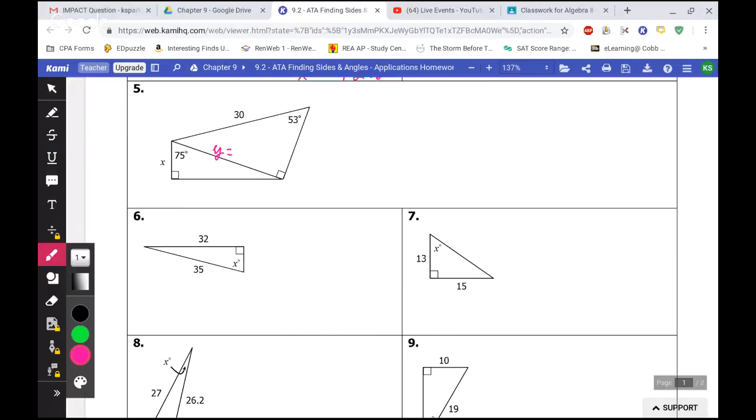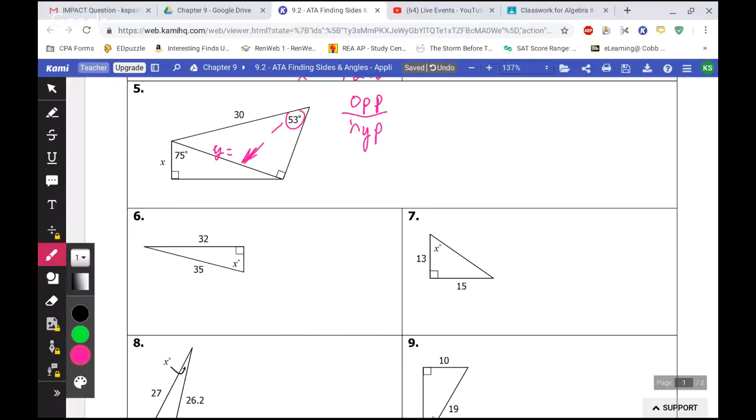So now I will use the information that I have on the larger triangle to get that side. So I'm going to work with this angle 53 that's given. And I've got an opposite leg over the hypotenuse, because this leg is opposite of the angle, and it's one of the legs that hugs the right angle.